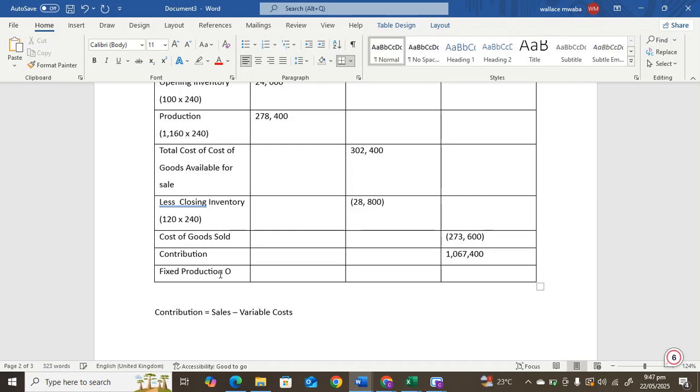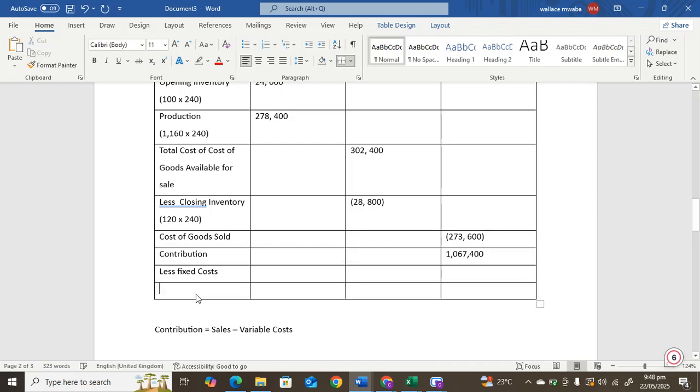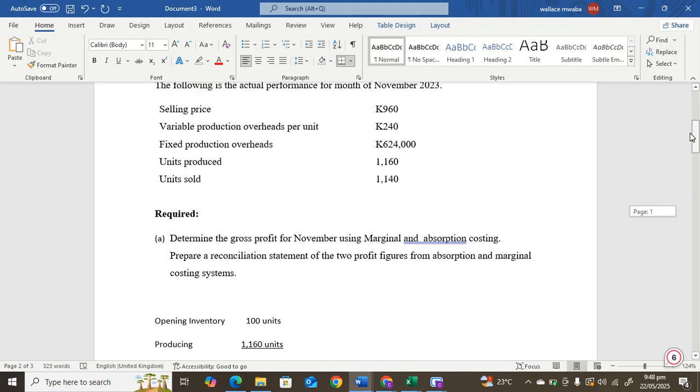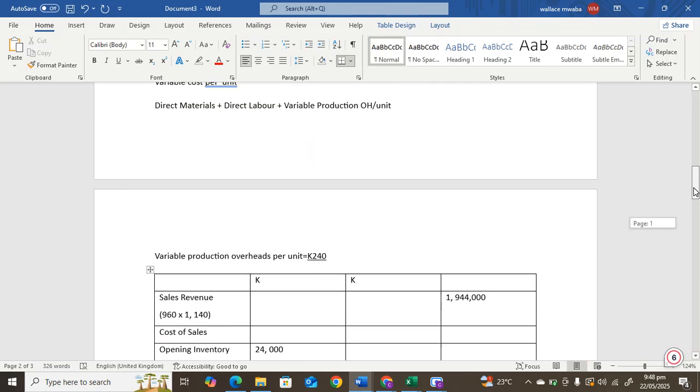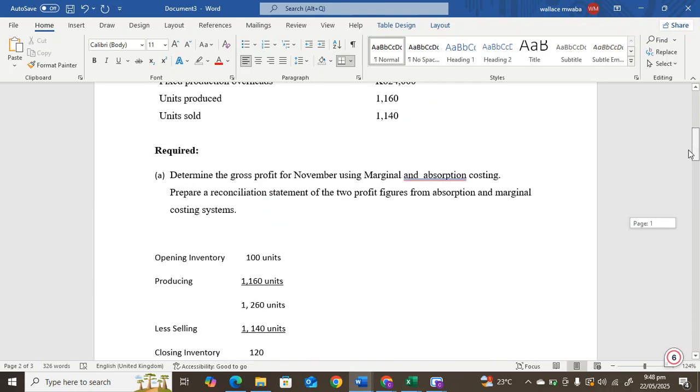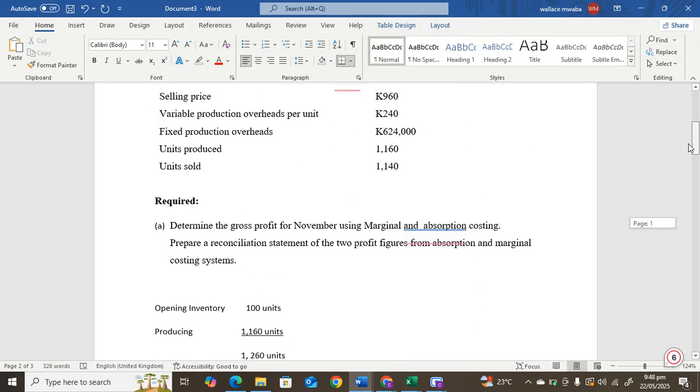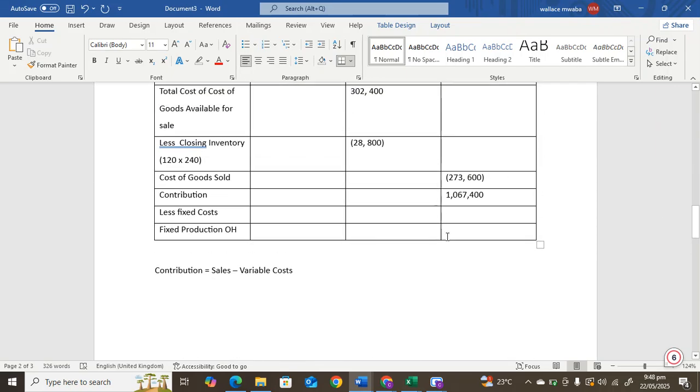All right. So we deduct our fixed costs. So it's less fixed costs. So we have these fixed production overheads here, 624,000.